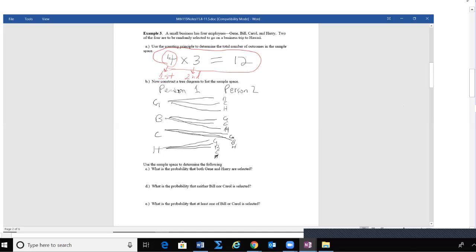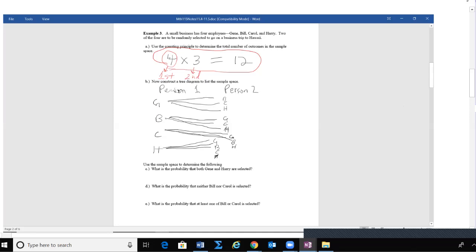So to construct a tree, you can start with person 1, person 2, and list all the possibilities for person 1. Here they are. And then from person 2, you have the remaining 3 people as possibles. So Gene first leaves Bill, Carol, and Harry to be picked for the second choice. So these are the first choices. Here are the second possibles.